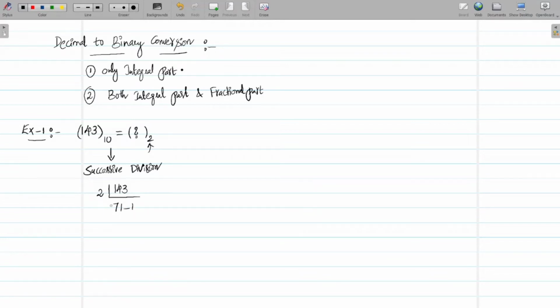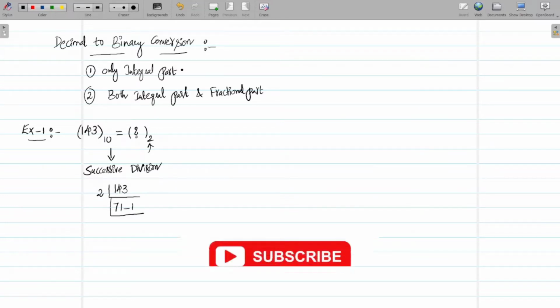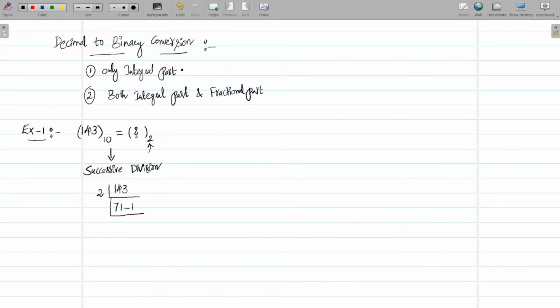So this is the quotient and this is the remainder, and you need to go further. Hence it is called successive division. We are not stopping at one division. We are dividing until the remainder of that particular division is 0, or if there is no possibility of dividing further. Up to these two cases, we will continue our division.